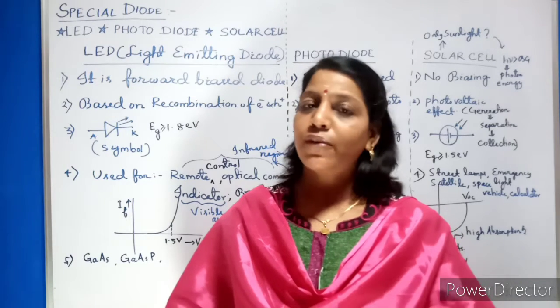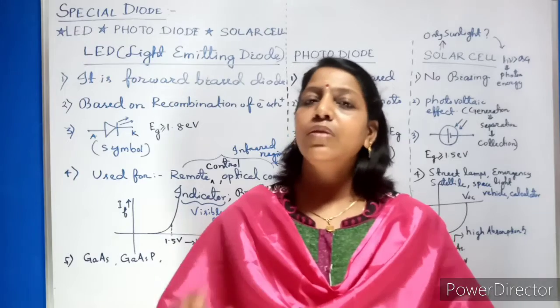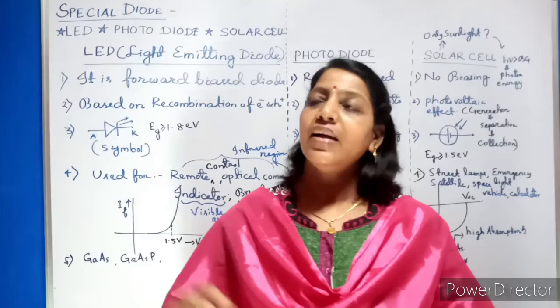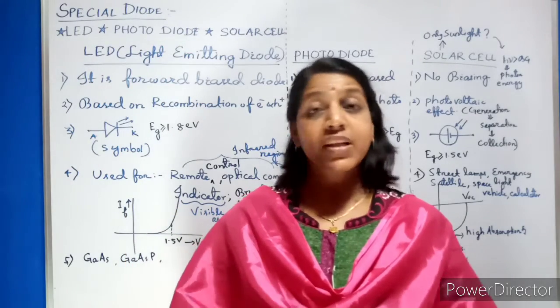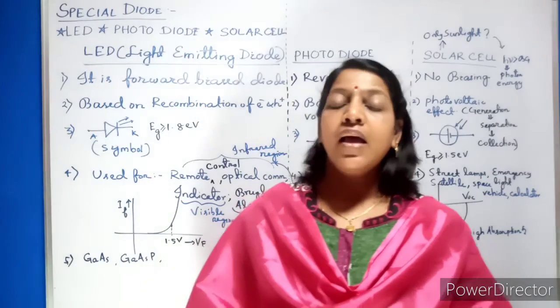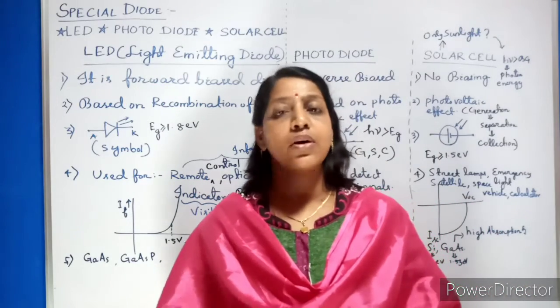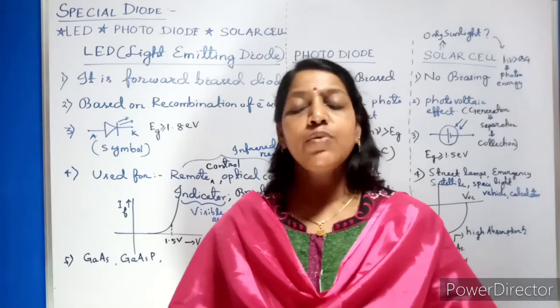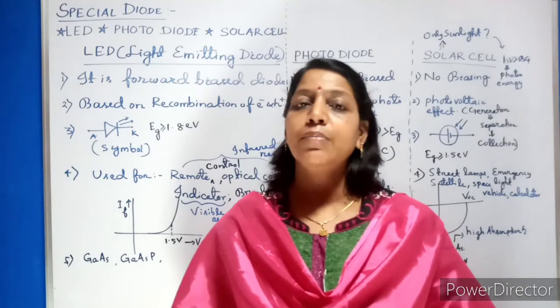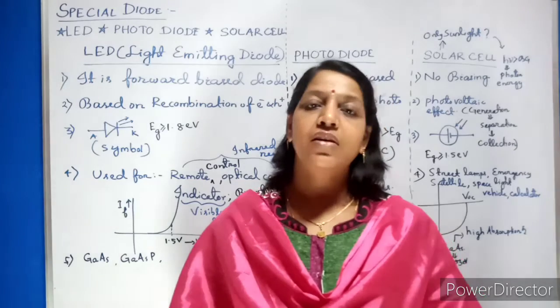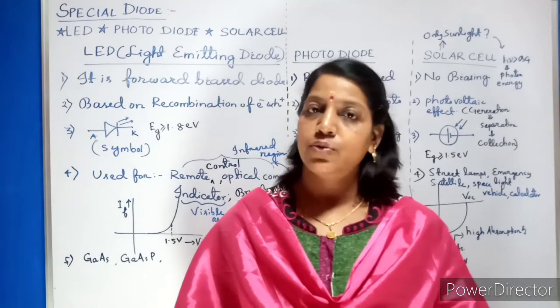Stabilizer also, fridge also, you can find small indicators just to identify that the supply is given. That is in the visible region. The remaining invisible region is also there, which you use in your remote, then for the burglar alarm as well as for optical communication, which is beyond the visible region. That is all the infrared region we are using.